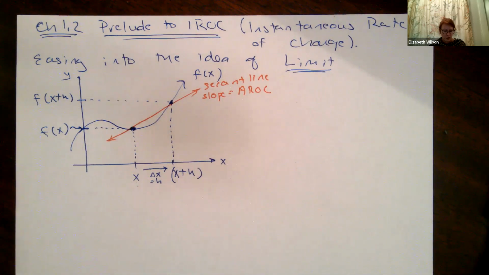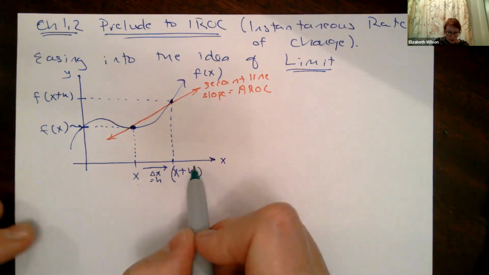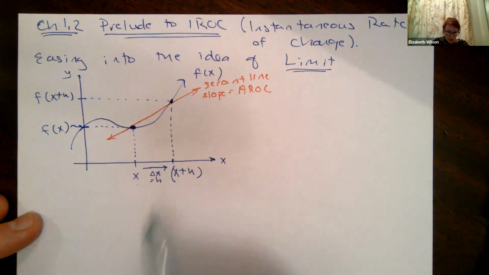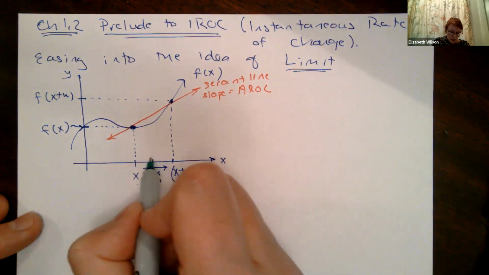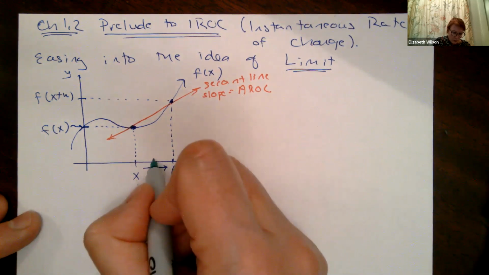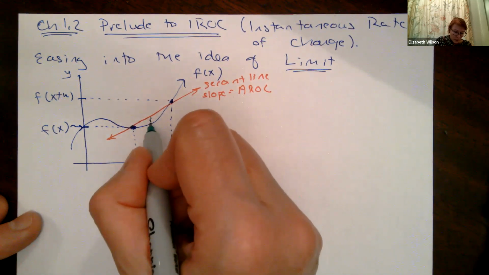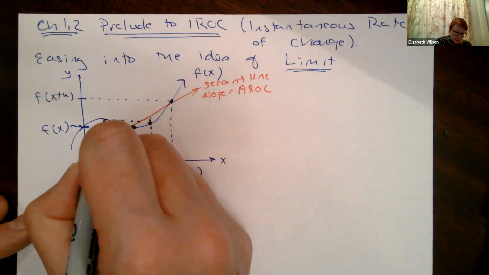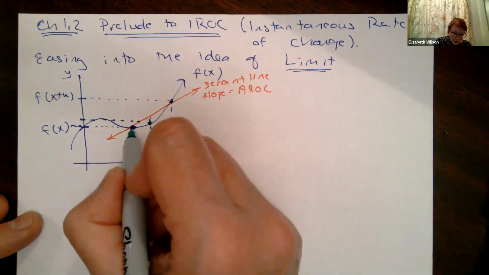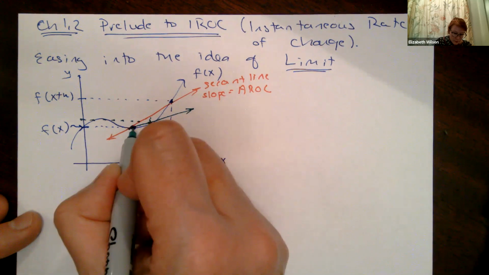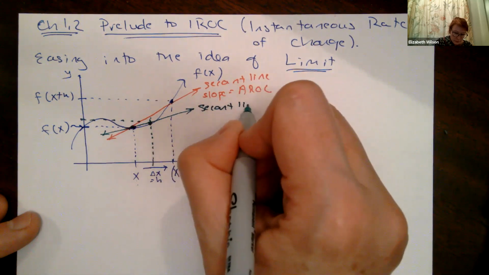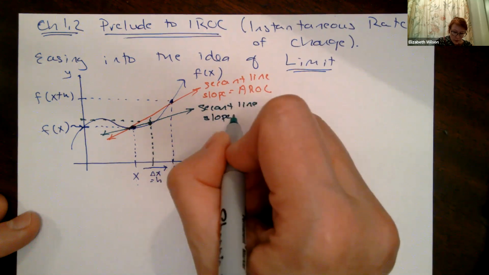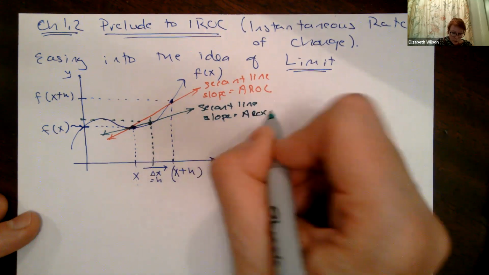You can imagine that if I made this h a little bit smaller, so this distance away from x was a little bit smaller, I'd have some other value right here, and I'm going to make another secant line. The slope of this is equal to the average rate of change between here and here.